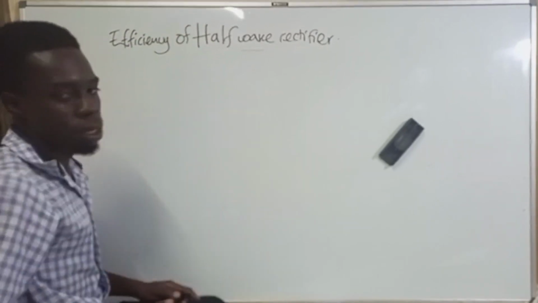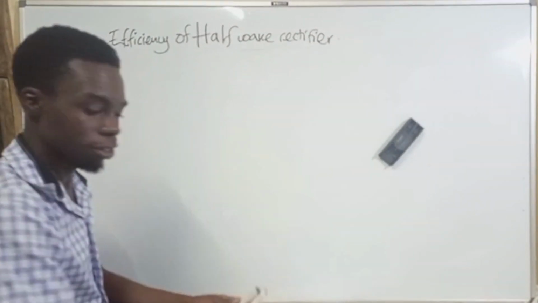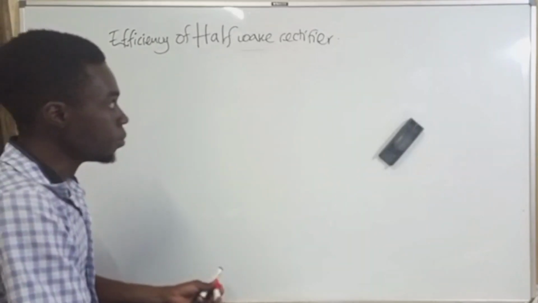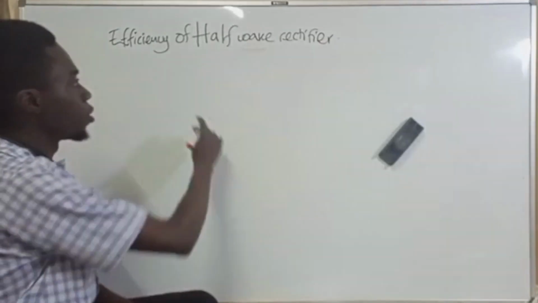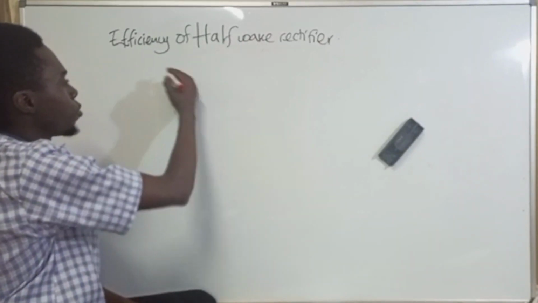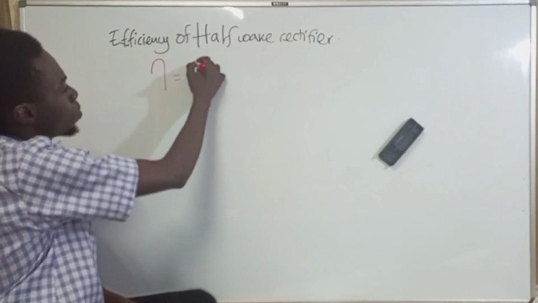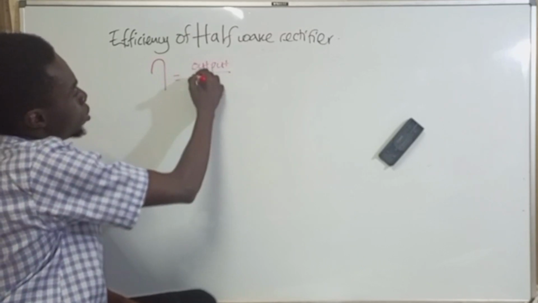So when we talk about the efficiency of any rectifier, be it half-wave or full-wave, we know that efficiency is the ratio of output over input.